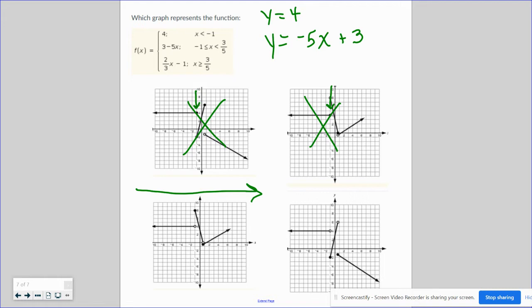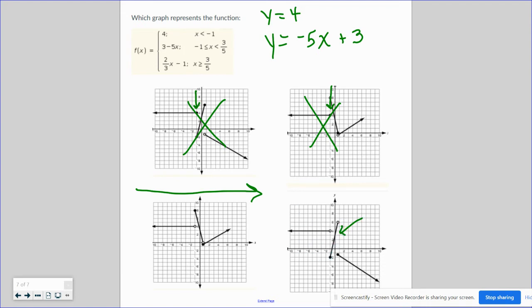Needs to be a negative line. So we're looking from -1 to 3/5, so not quite to 1. Looks perfect here. Solid circle at -1 because that equal to is great. Less than, so an open circle on the next end looks good here. Our problem with this answer, our solid circle and our open circle is perfect, but this is a positive line. So that's not going to work for us.